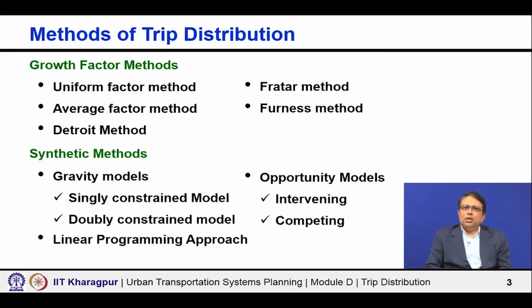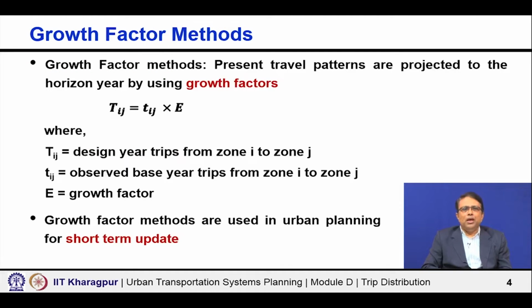So, in this module on trip distribution, we shall discuss all of these models. To start with, we shall take up the growth factor models first, and then we shall go to synthetic models. So, first let us take up the growth factor based method. In growth factor method, what is fundamentally done is as follows.